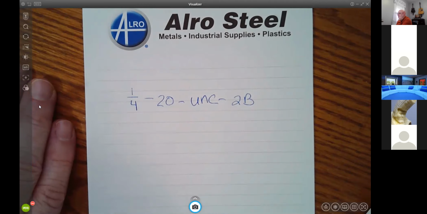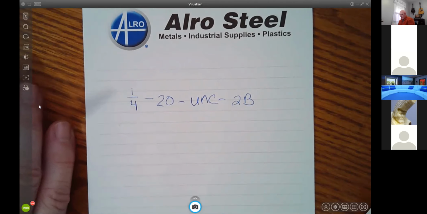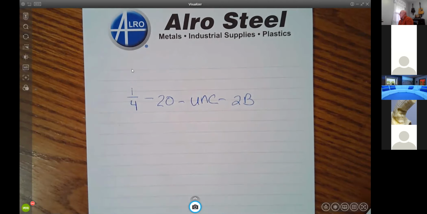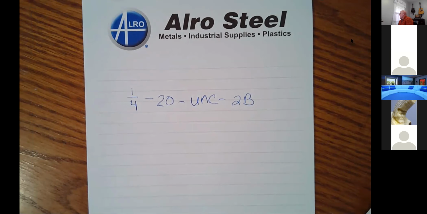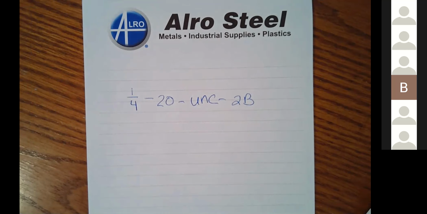This is where you guys are going to want to unmute and interact with me. Isn't that the major screw diameter? Yeah, the quarter is going to be what?